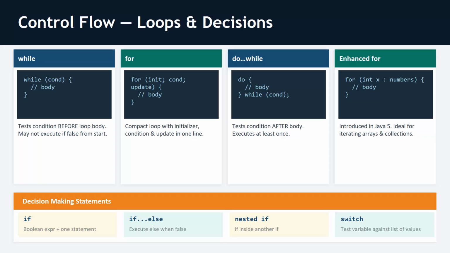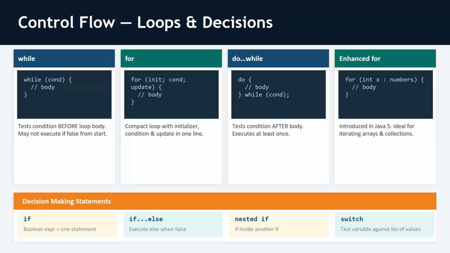Then you have the do while, where you do the looping testing the condition after the body. So it is the opposite of the while. In the while, you test the condition before the body, while in the do while, you test the condition after the body, so it executes at least once.